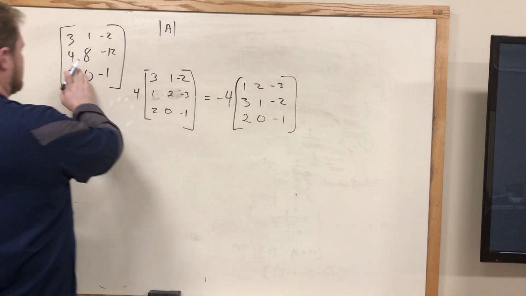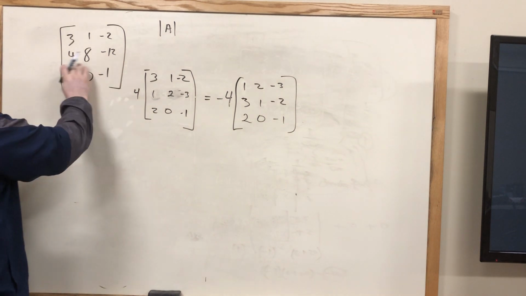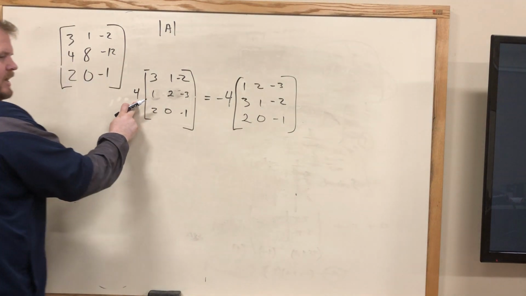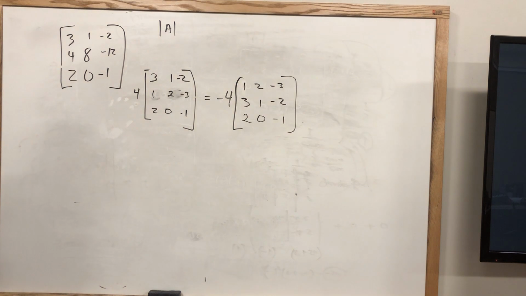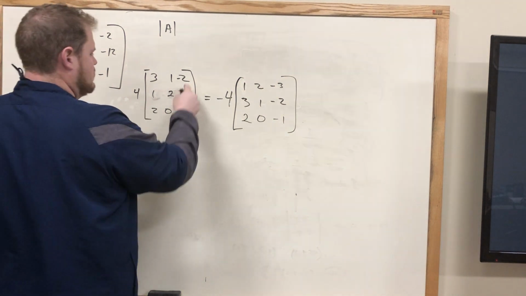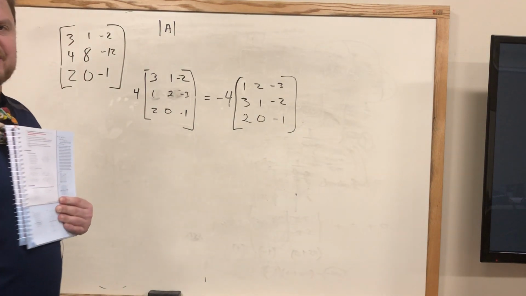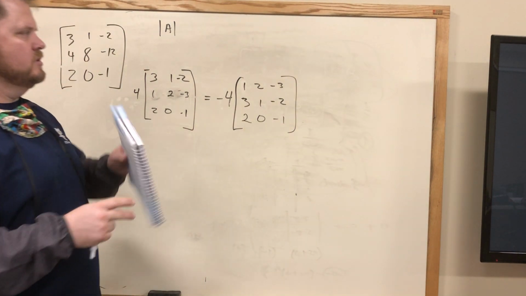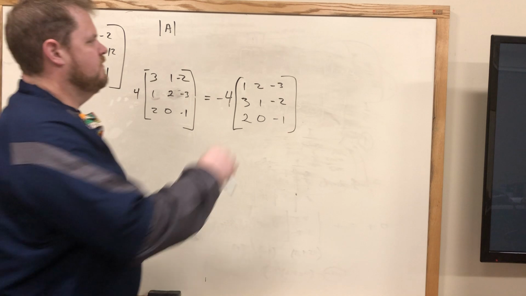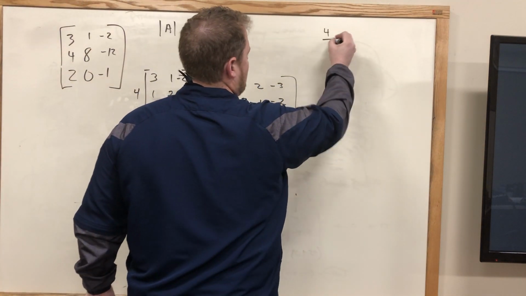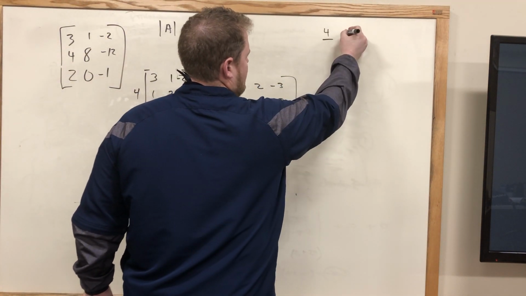So when I took out the 4, that changed the determinant by a factor of 4. When I switch 2 rows, when I just flip-flop 2 rows, it reverses the sign. Remember those four characteristics that we talked about at the beginning.